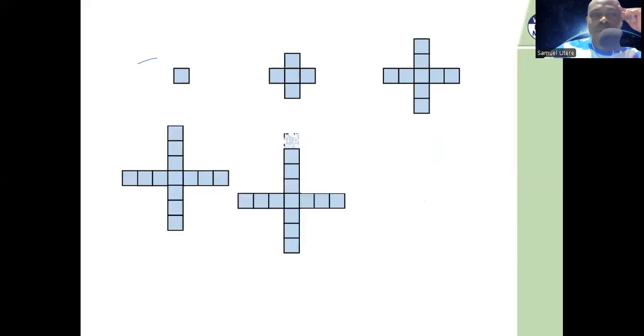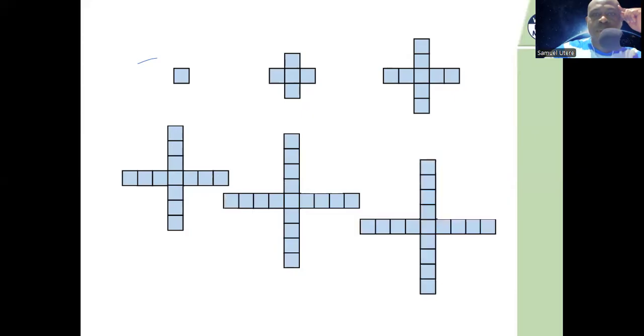Okay, so we keep going. We say, okay, we just need to add 4. That's what we get. That's the fourth term. That's the fifth term. And that's the sixth term. Well, you can clearly see that if we count the squares, Jack is not correct. Because what do we have here?